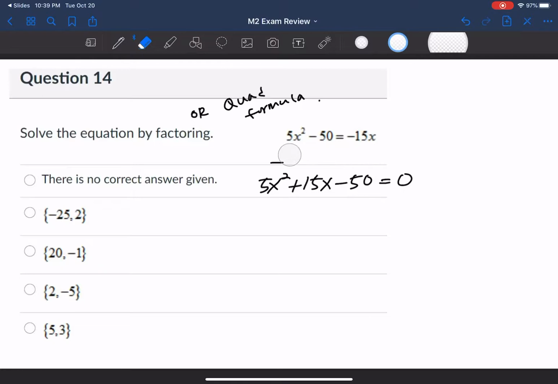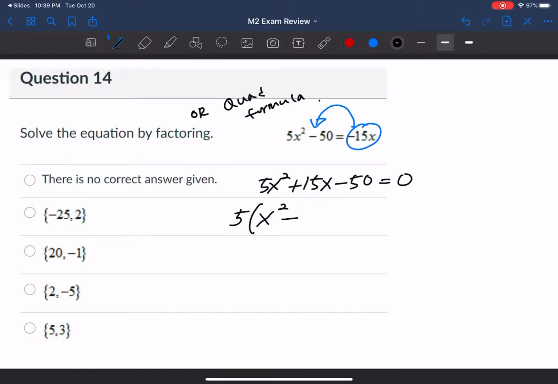Okay, so basically I moved negative 15x to the other side. So it becomes positive 15x. Now I'm going to factor, or you can use quadratic formula. Let's pull out 5. I have x squared plus 3x minus 10 left. That equals 0. Let's factor this.